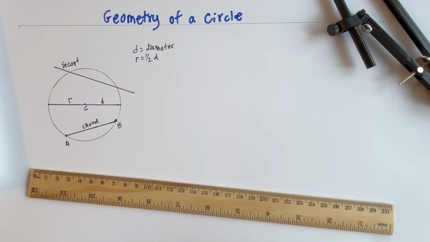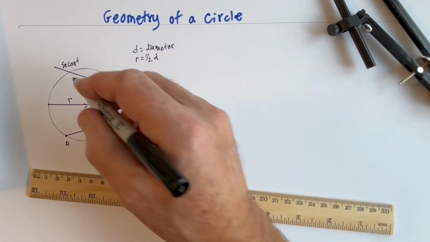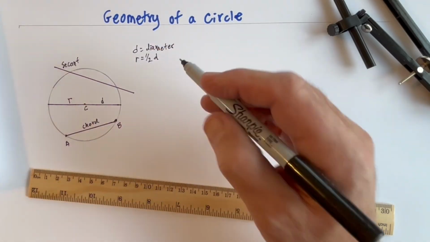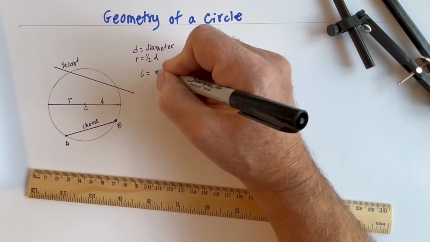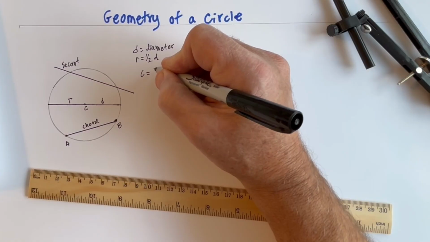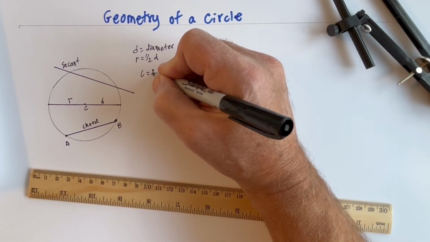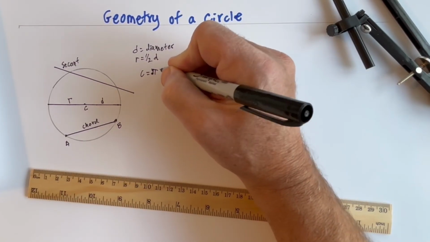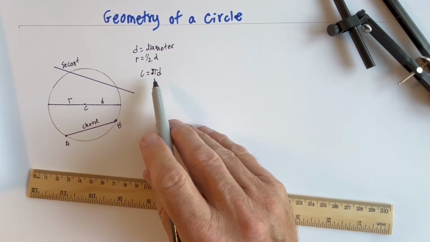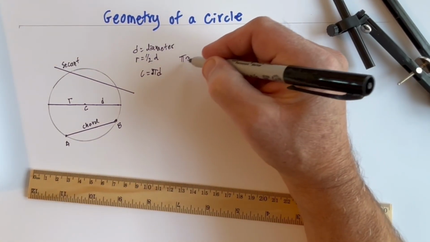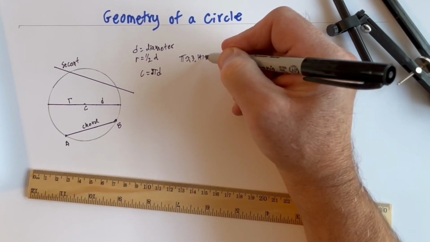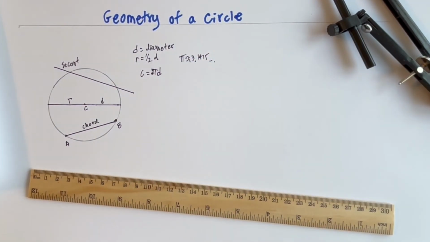So what we want to do now is let's calculate this length around the outside, which is circumference. That is just going to be equal to 2 pi d. It's just the quantity pi, which we approximate as 3.1415, on and on and on. It's an irrational number.